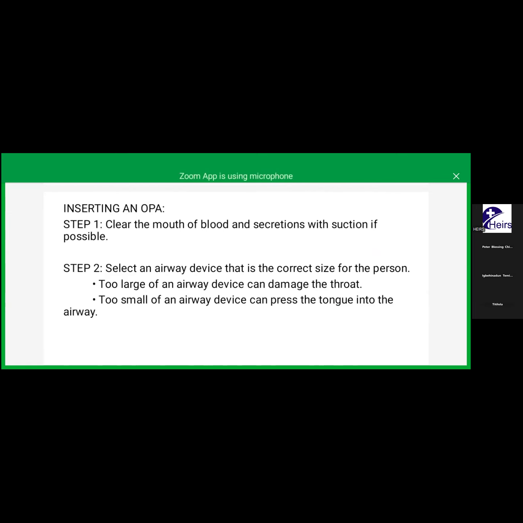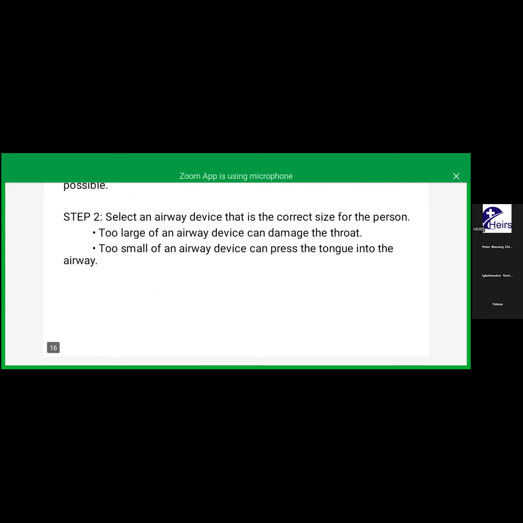So how do we do this as paramedic personnel? The first thing you need to do is to clear the mouth of blood and secretion. So you suction, which is the first thing we have said. You suction the patient to remove all of those secretions from the mouth and from the nose. After you have suctioned the patient, you need to look for the size of the oropharyngeal airway that fits the patient. We established yesterday how we can know which will size the patient.